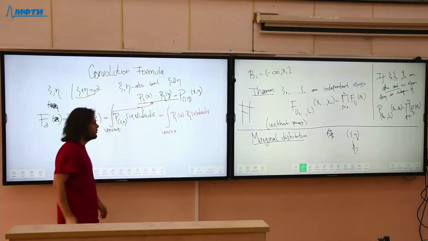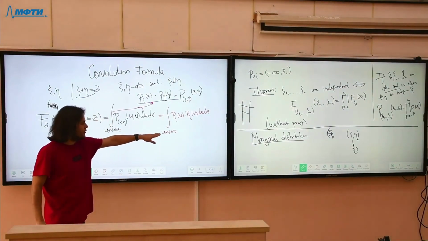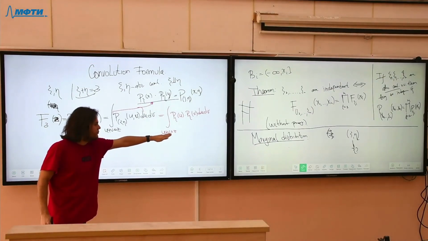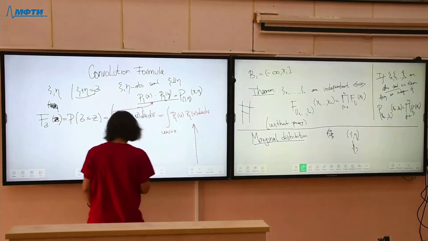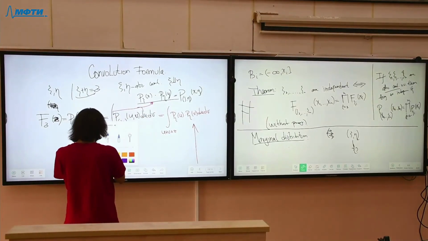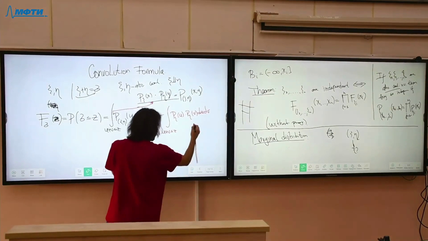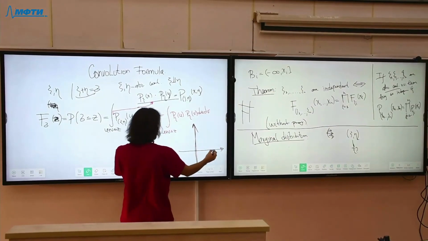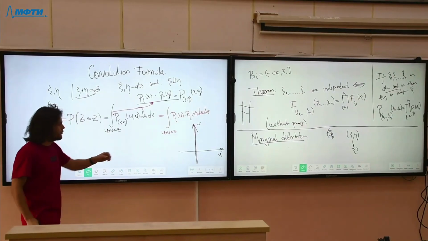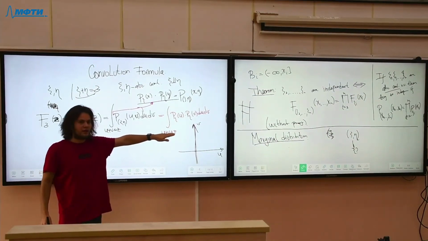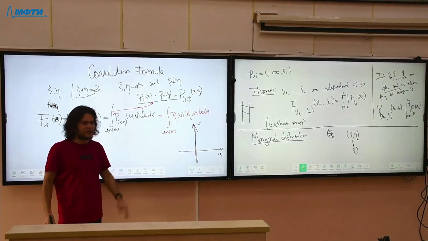So we have to integrate on this area, where this is u and this is v.